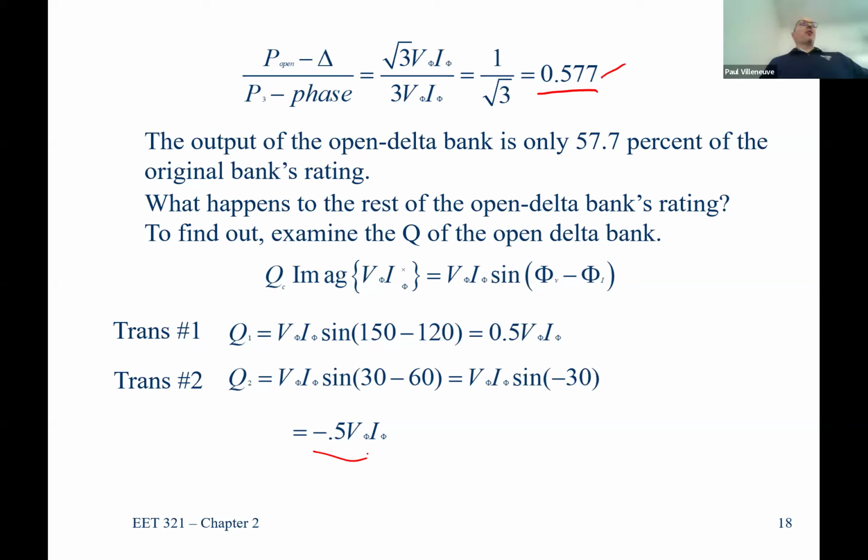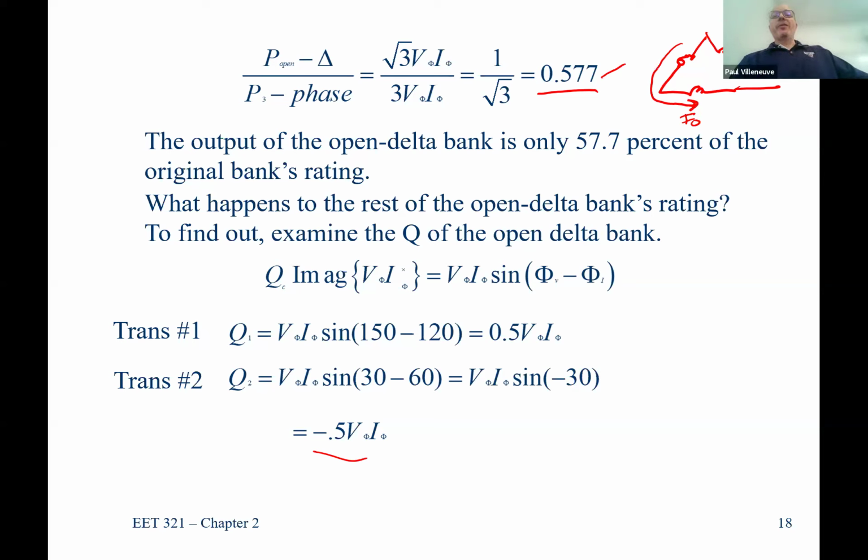What's a broken delta? We have all three, but we open up one corner of the delta. That's a broken delta. Anybody want to guess as to why? Anybody here talk about zero sequence stuff in their jobs? What we'll be learning more next semester is you have zero sequence current that circulates in here.